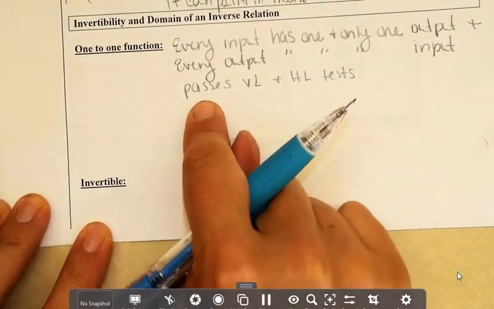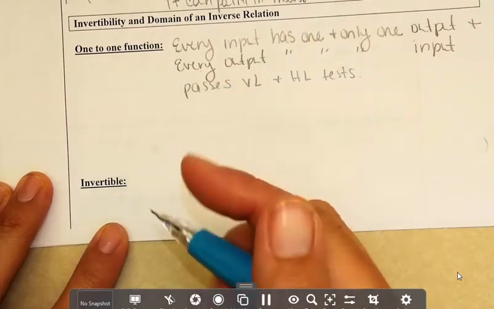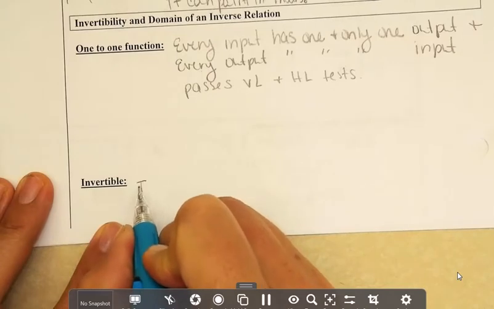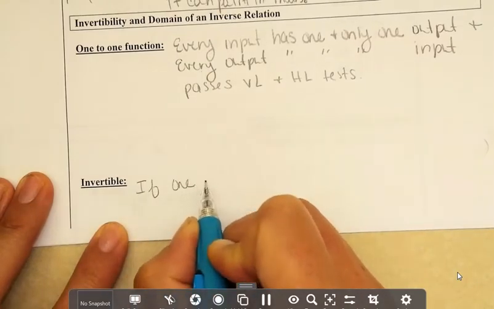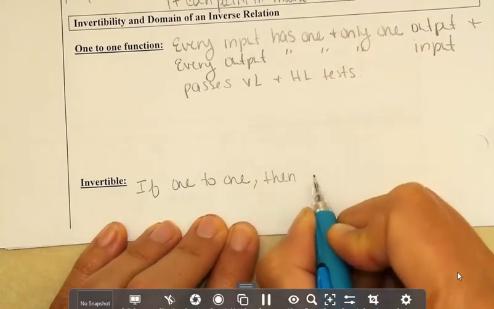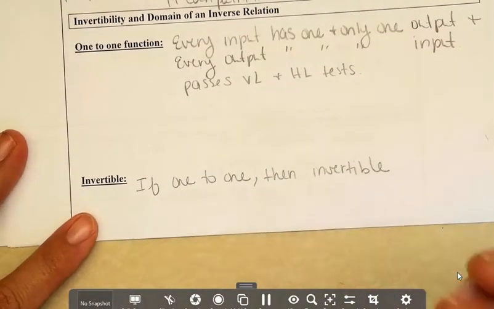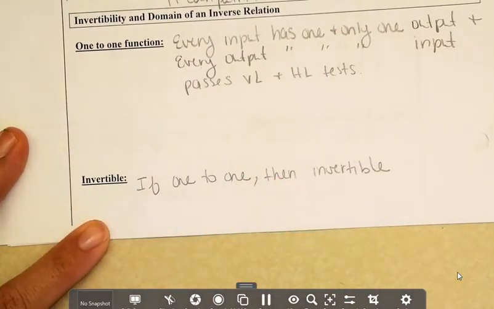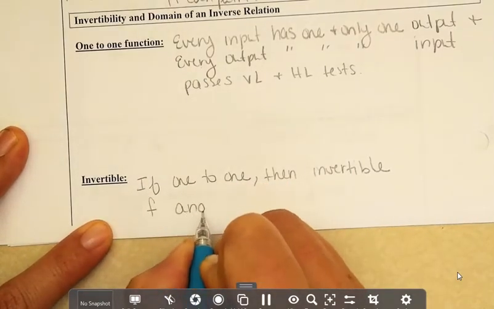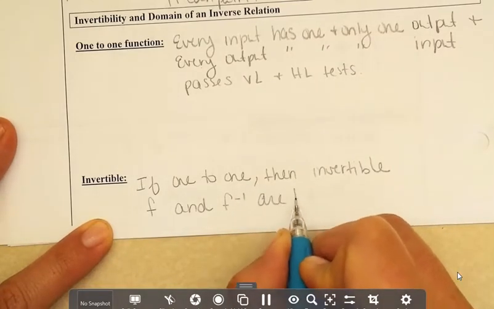If it's a one-to-one function, then we can definitely say that it is invertible, which again means that basically f and its inverse are both functions.